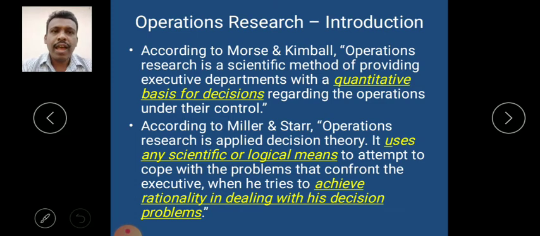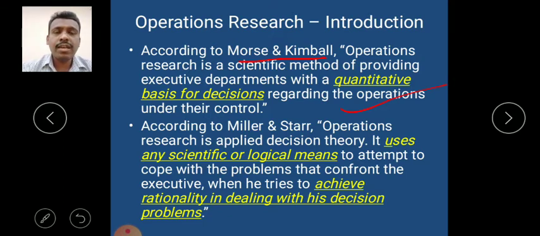Operations research, according to Morse and Campbell, is a scientific method of providing executive departments with a quantitative basis for decisions regarding the operations under the control. So what happens in this is it provides us quantitative or analytical basis for decision making. It gives us in numbers what exactly or how much profit we can make, how much we can save, how efficiently we can do a particular operation, that is how much time we can save, how much space we can save.